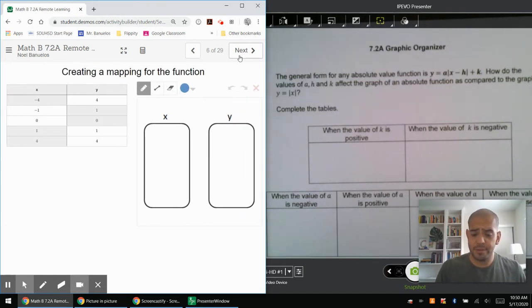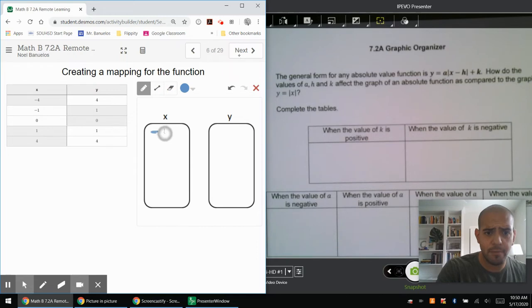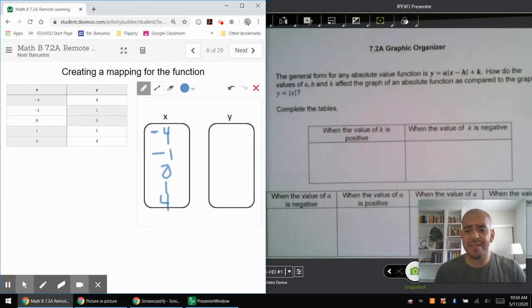So let's draw the map diagram. On the left side, I have -4, -1, 0, 1, and 4. And then on the right side, I just list the elements once. So if I have 4 twice, I just list it once.